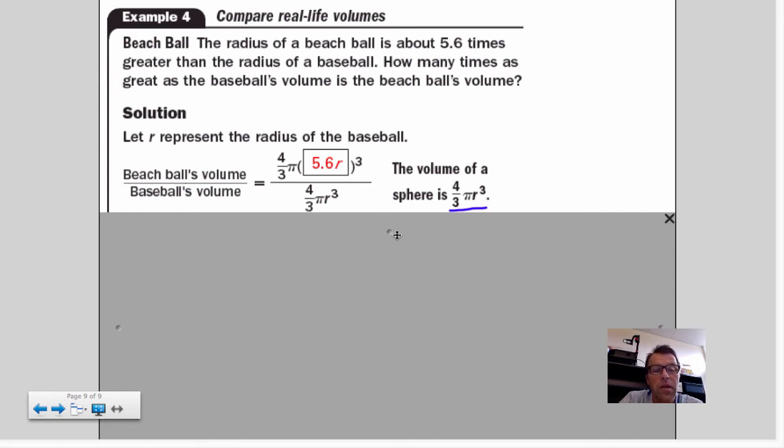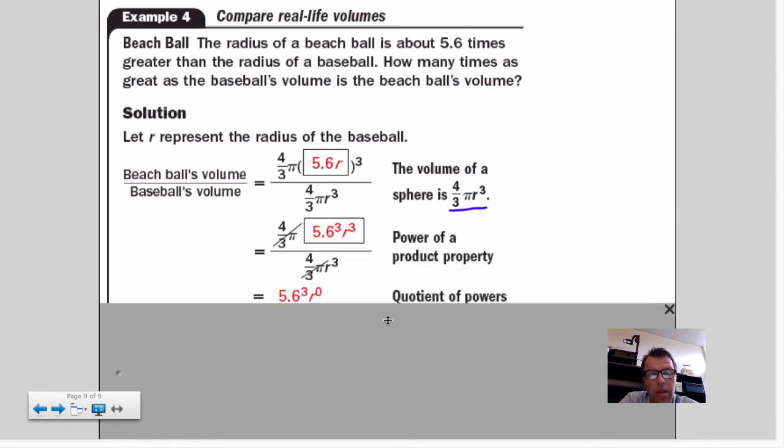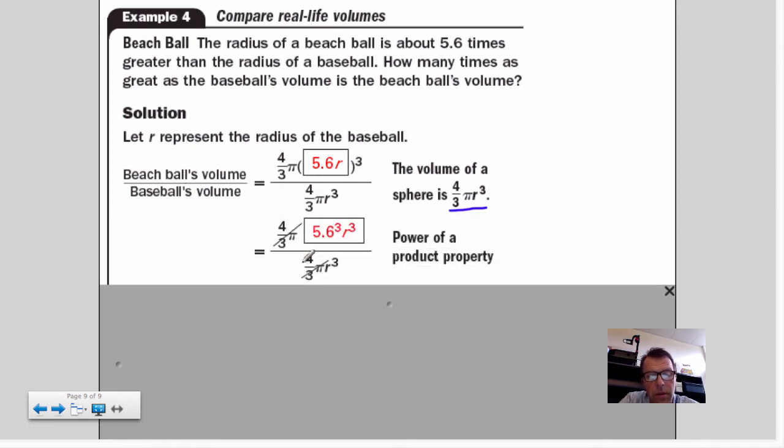So we let R represent the radius of the basketball. And we would say, look, if the volume of the beach ball, right, we would substitute in 5.6 times the radius of the basketball. And then basically we start looking to cancel things. So, quite a bit cancels the volume. But realize that this 5.6 is raised to the power 3.